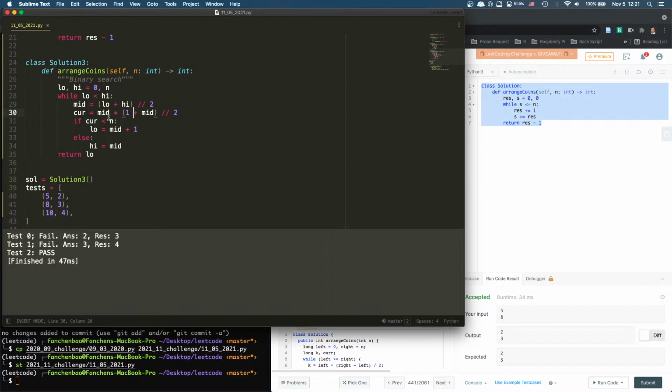We want the largest mid that can cause current to be smaller than n. So when that happens, let's push this down, and let's say current equals, right? Let's say current equals. Now this one is not working.